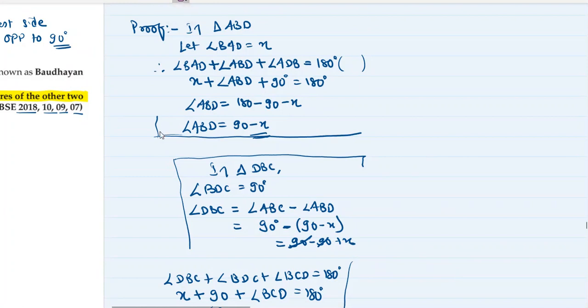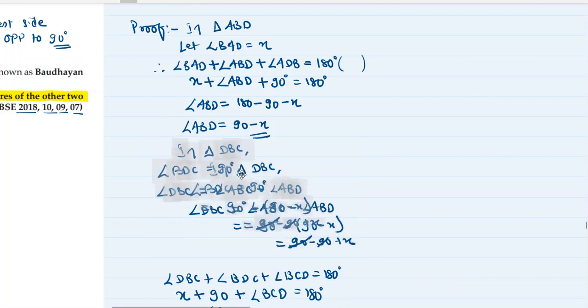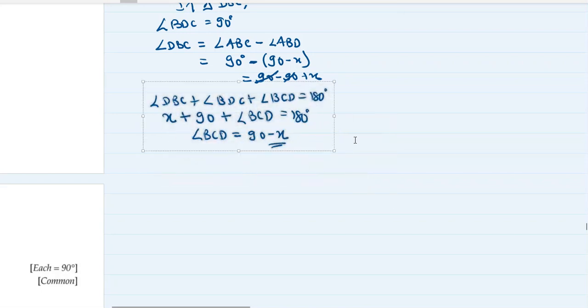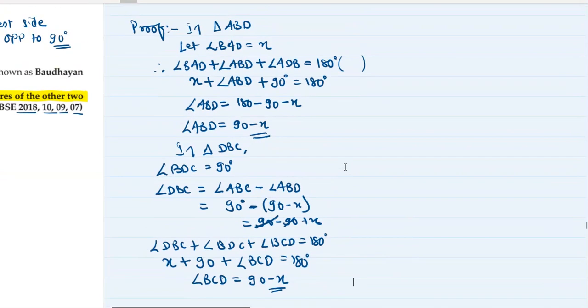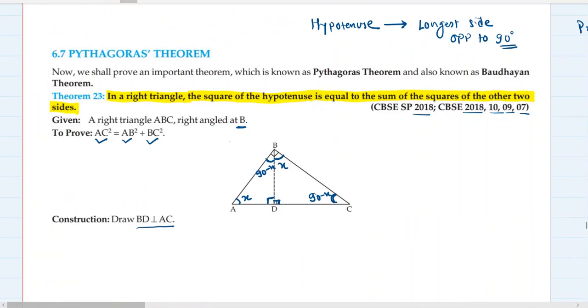Let me just arrange this properly so that whenever we want, we can take a reference. Okay, great. So everything in one space. This is the working for finding all the angles of triangle ABD and BDC. So I've marked all the angles in the figure over here.